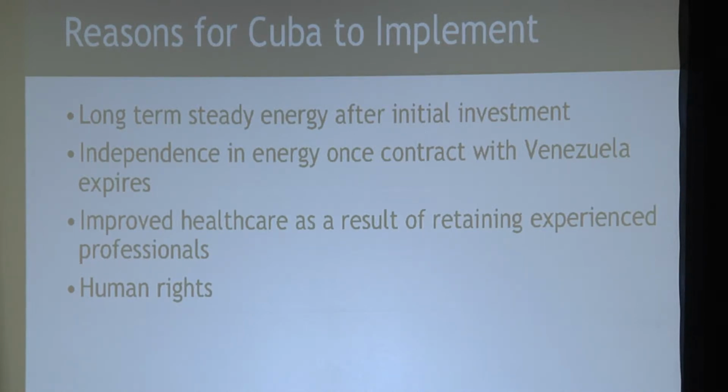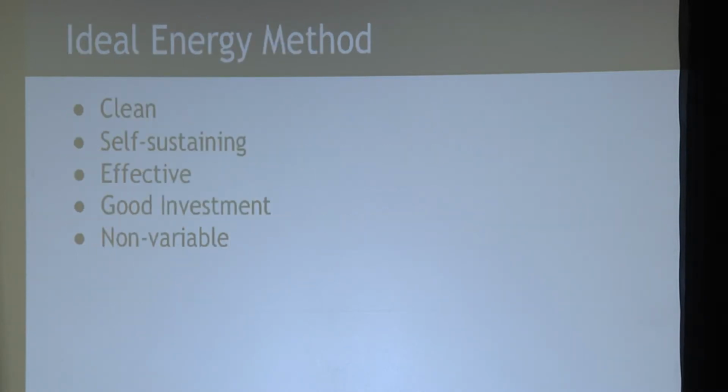So there's a lot of reasons for Cuba to implement new energy technology, creating a long-term steady energy after the initial investment. There's a human rights action to these doctors being away, and improving their health care, providing this money into the healthcare system as well.